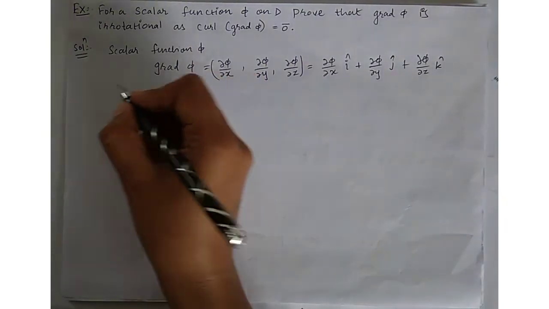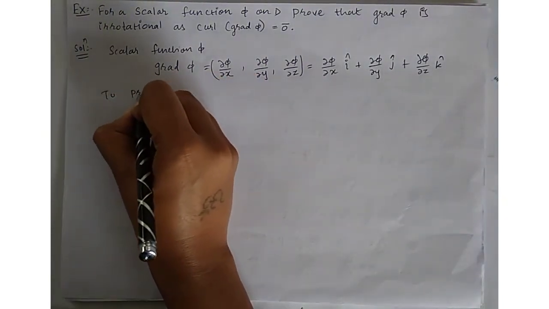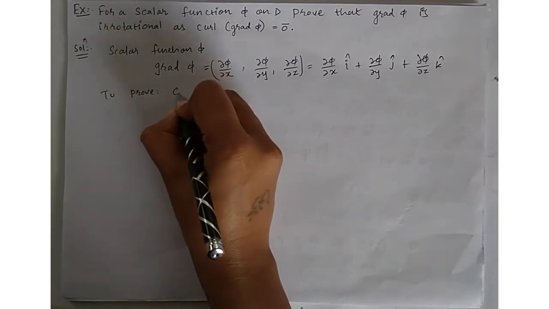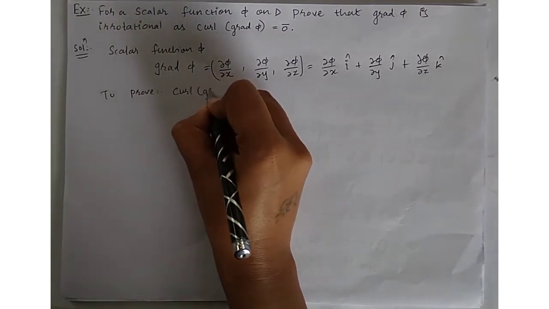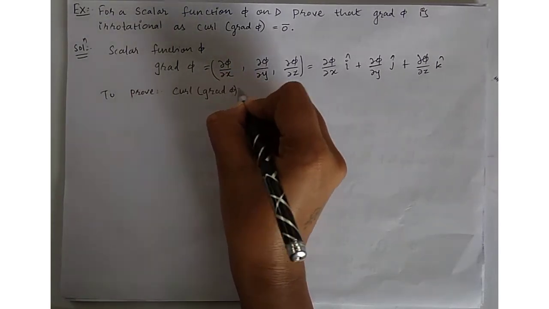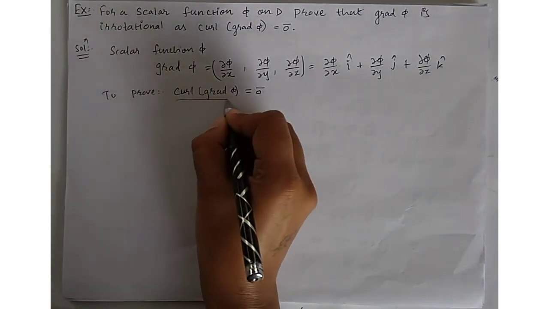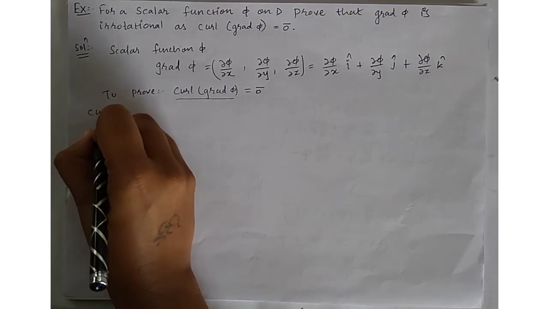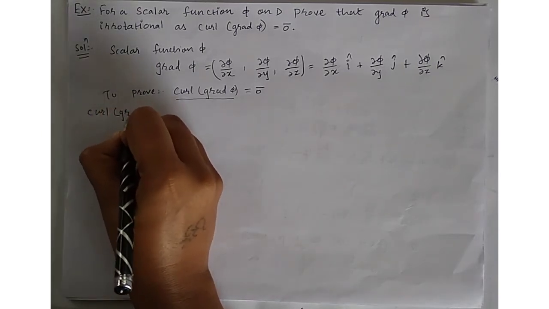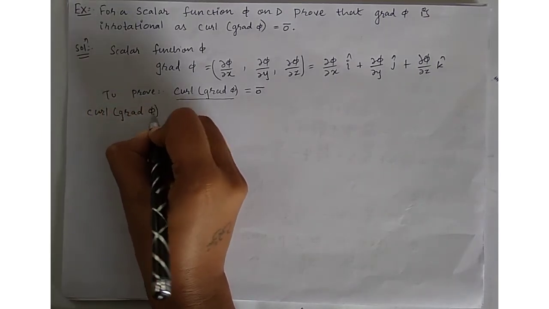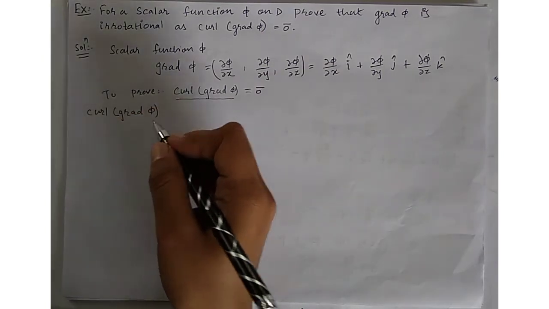To prove curl of gradient phi is 0 vector, first let us take curl of gradient phi. What is the definition of curl of gradient phi?